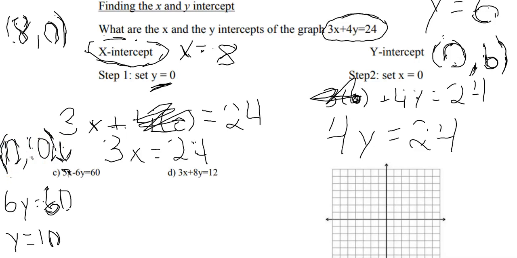And let's plot it over here. We'll go with 0 and we'll go up by 2. So 2, 4, 6, 8, 10. Here's my first point. My second point then is if now instead I make y equal to 0.